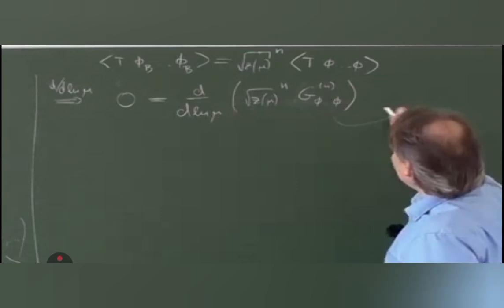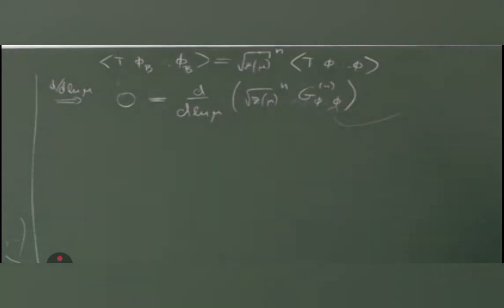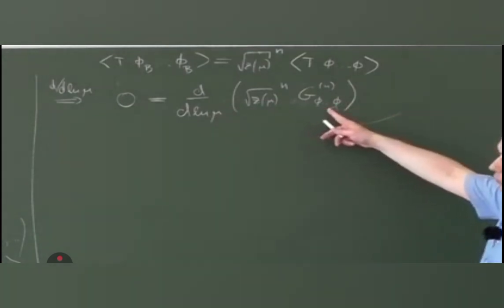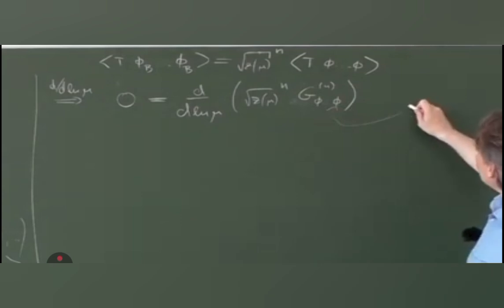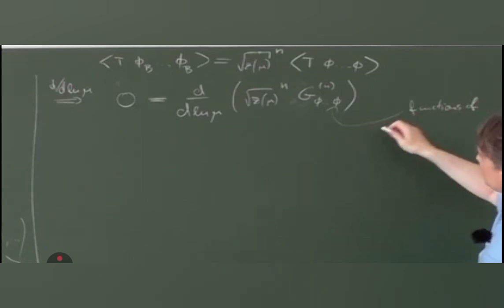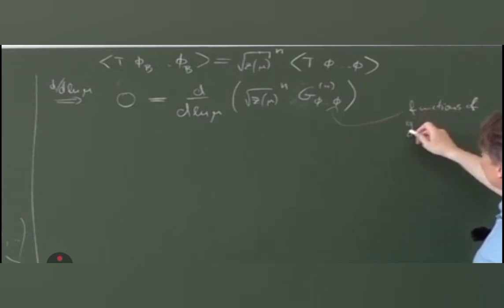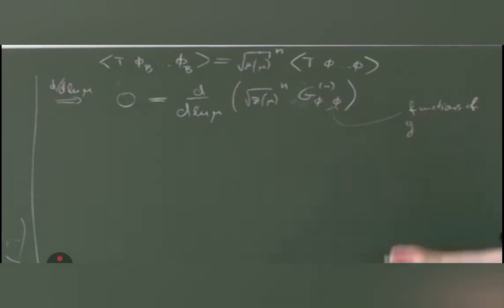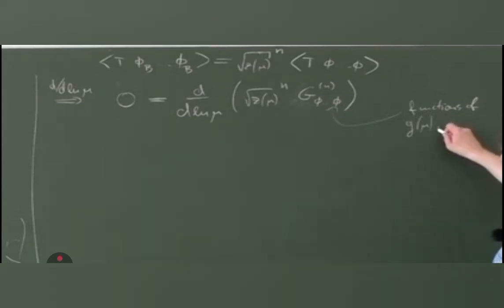So now we should understand that the green functions are functions of all the quantities of the theory. So in the renormalized theory, they depend on the renormalized coupling constant. They are of course a power series in the renormalized coupling. They might depend also on the mass square parameter.